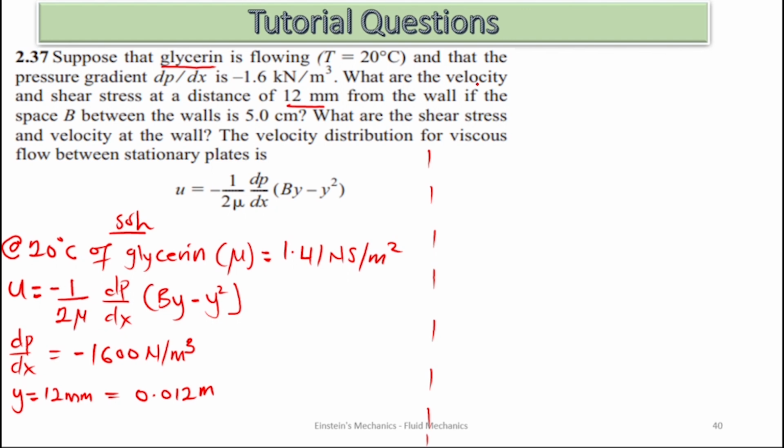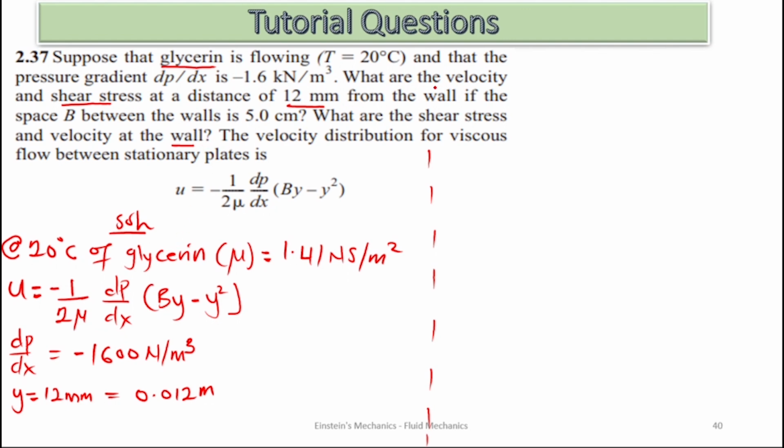First, what are the velocity and shear stress at a distance of 12 millimeter from the wall. And again, what are the shear stress and the velocity at the wall? Two different questions. But at the wall, there's a y given, which you should know off head. We will talk about that.